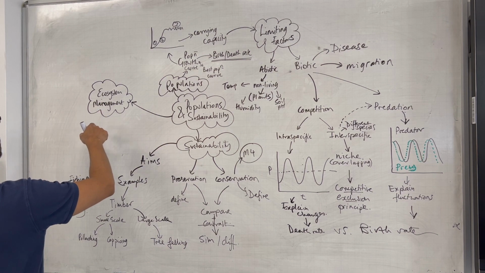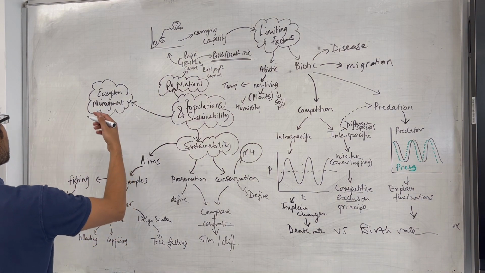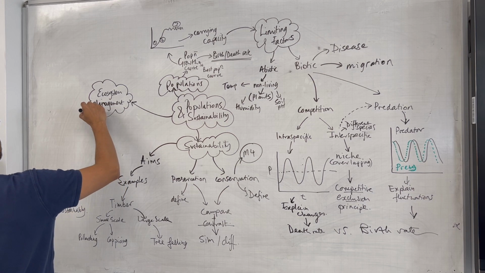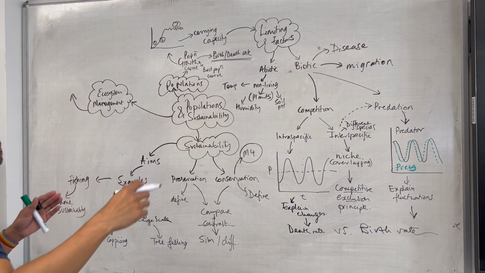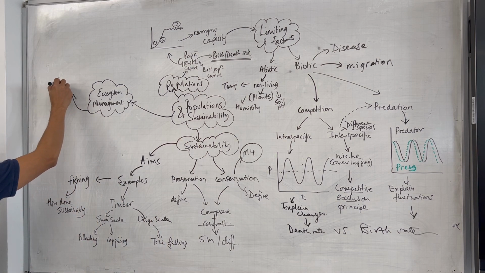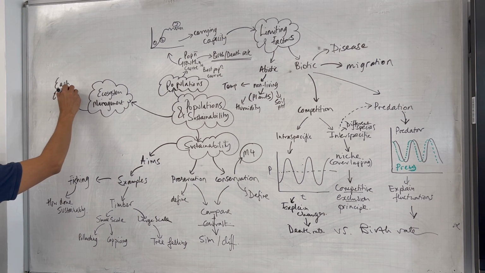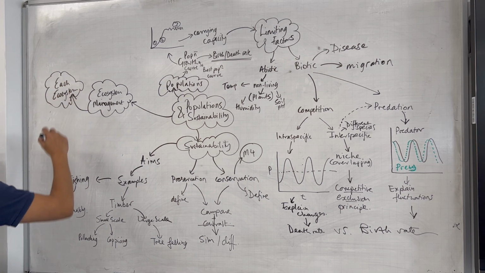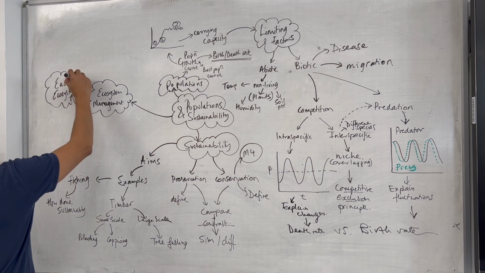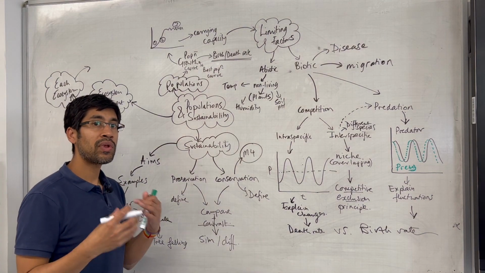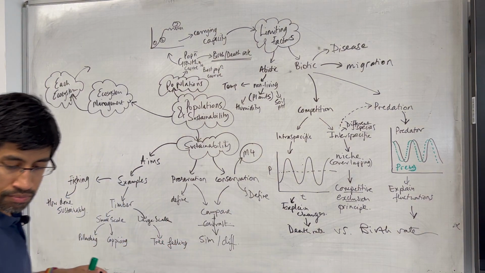So in the ecosystem management, what I would advise you to do is the following. There are like 7 or 8 ecosystems that you need to know. For each ecosystem, I hope you are able to tick these off in your head. For each ecosystem, make sure that you have some points relating to the following.